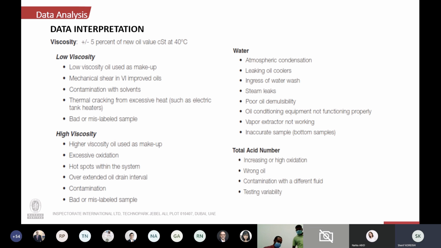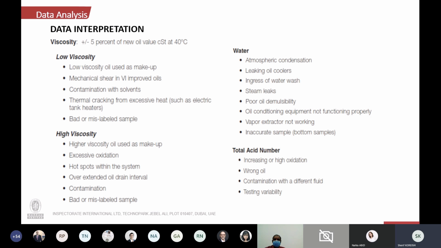If we are talking about viscosity, and viscosity actually is one of the major, or the most important, parameters tested, because lube oil is about lubrication, and lubrication is related to viscosity. During the operation, you will have the results either going low or becoming high.